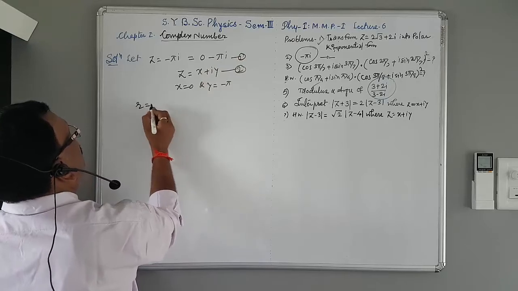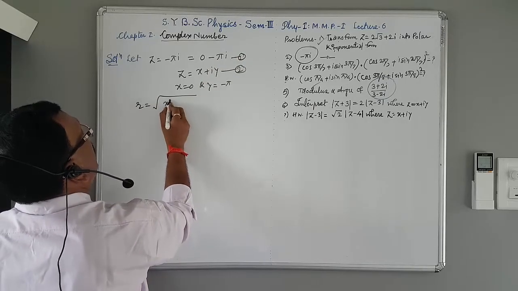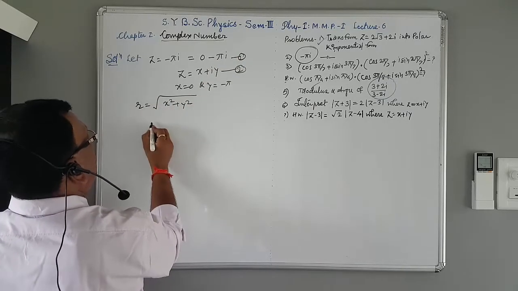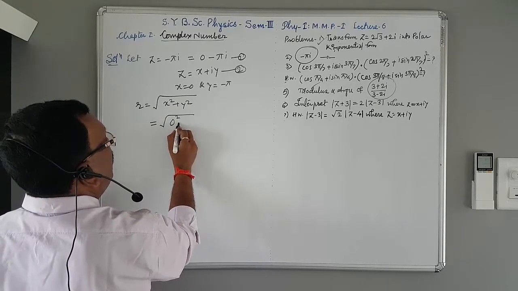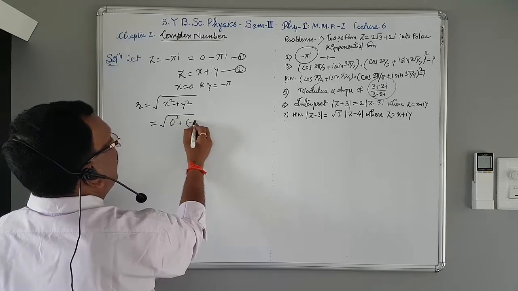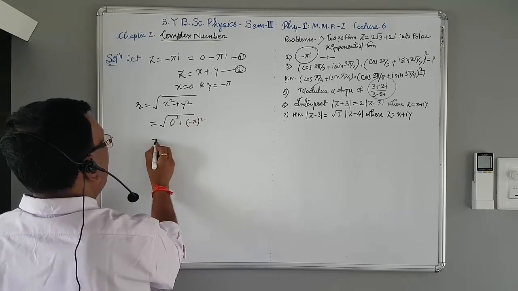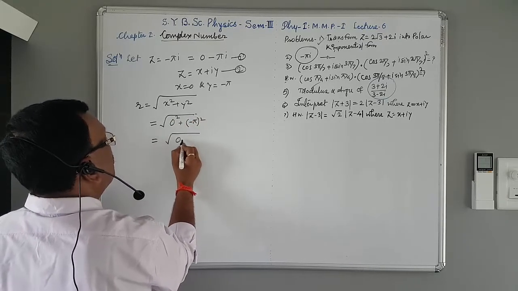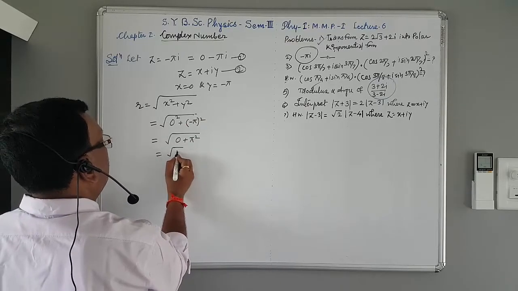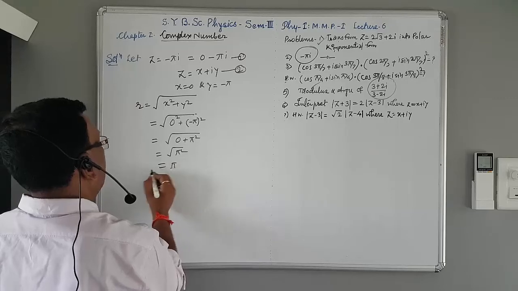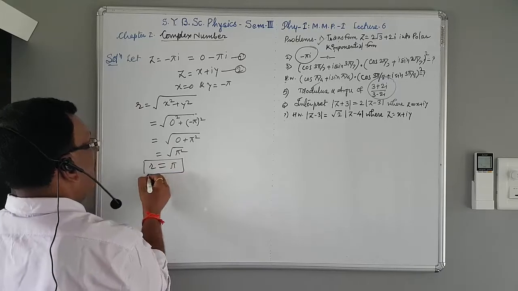First, r is equal to square root of x square plus y square. Substitute the value of x, that is 0 square. Substitute the value of y, that is minus pi square. Solve this, we have 0 plus pi square, or simply pi. This is the value of modulus r.